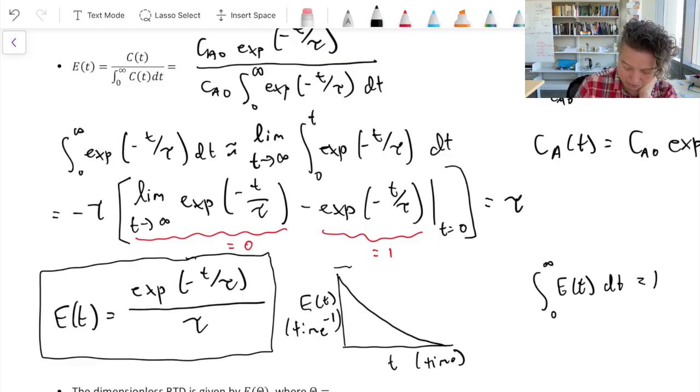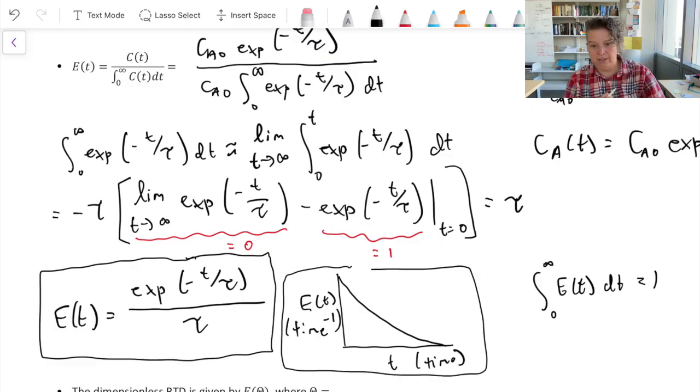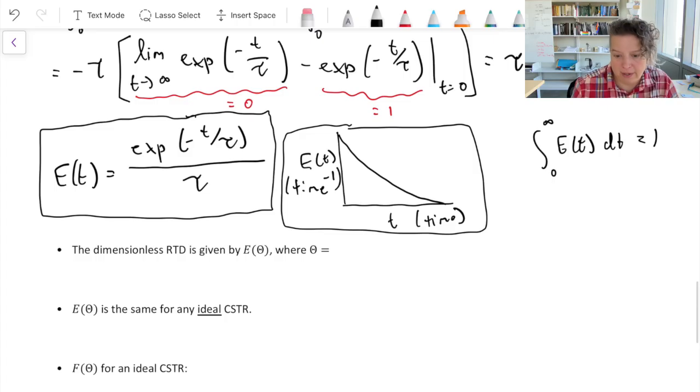This is what the residence time distribution function for an ideal CSTR looks like graphically. We can also talk about a dimensionless residence time distribution function. To do that, we introduce a variable theta. Theta is equal to t divided by tau.